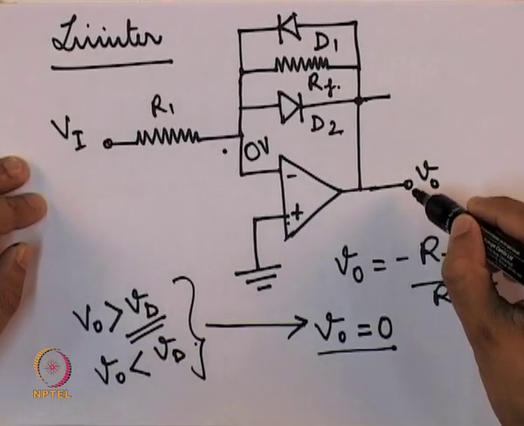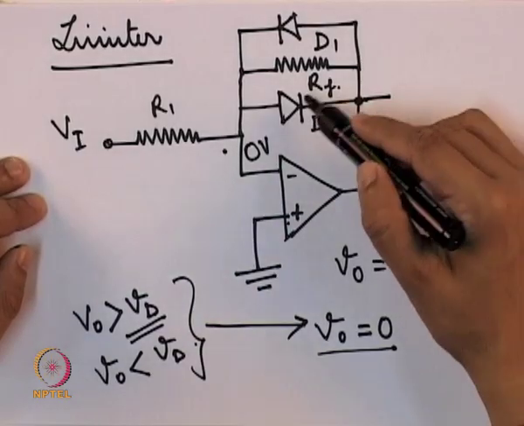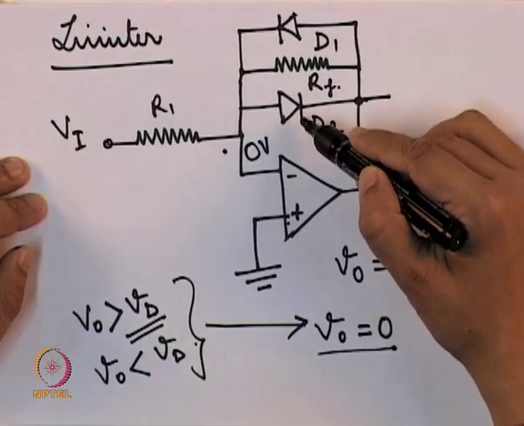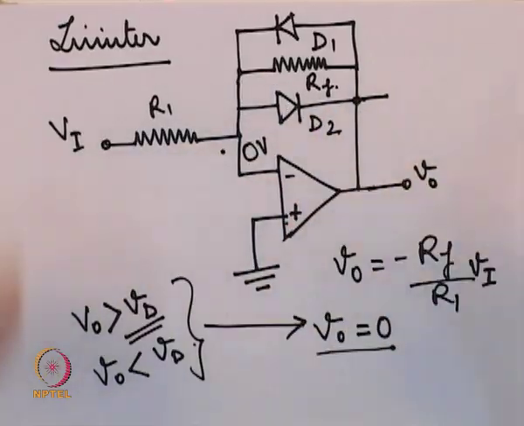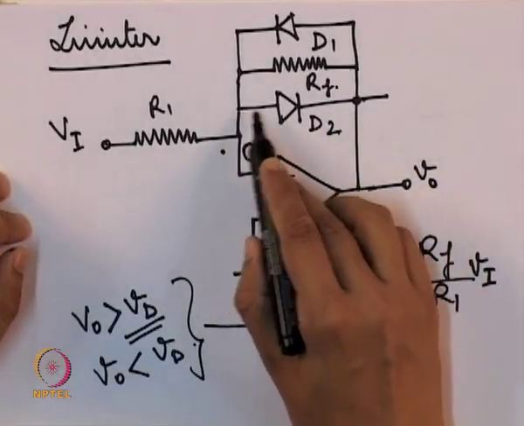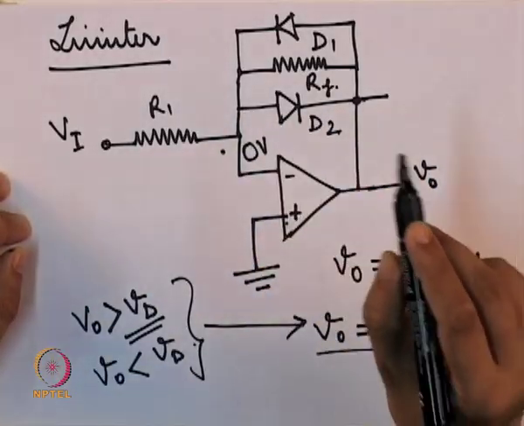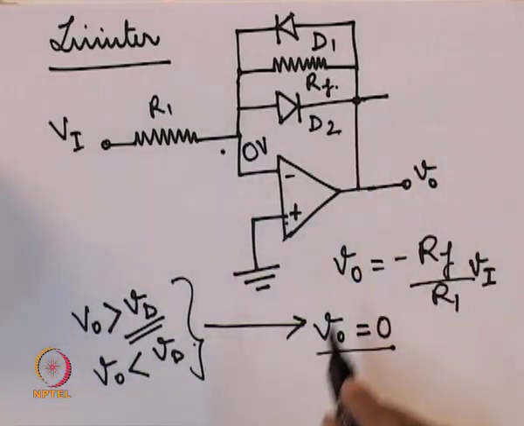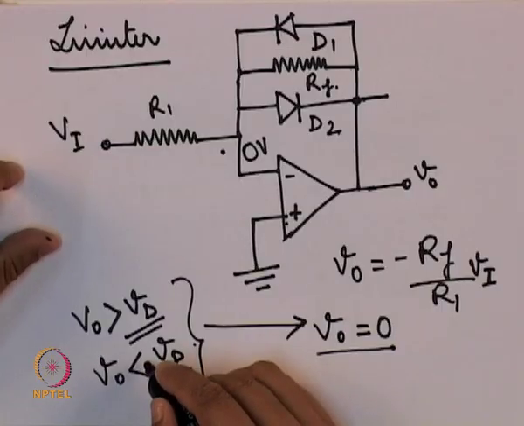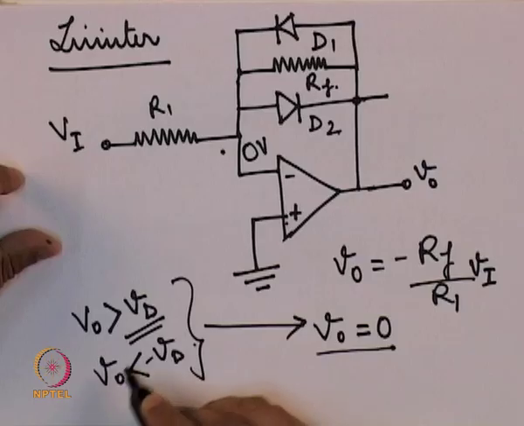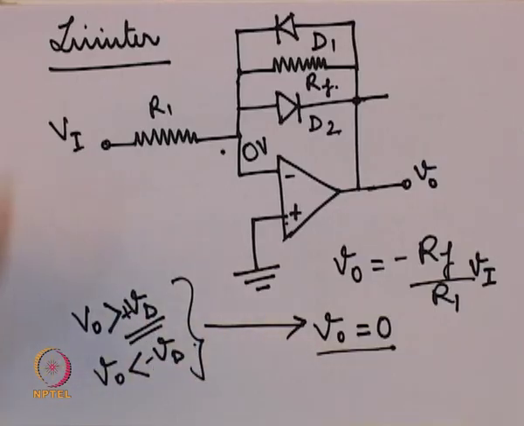Once Vo becomes equal to 0, this diode will again go into the open, that is the cutoff stage, and the short that existed between these two terminals will no longer exist. So, I should say this is minus Vd, this is plus Vd, this is minus Vd, just note this correction.